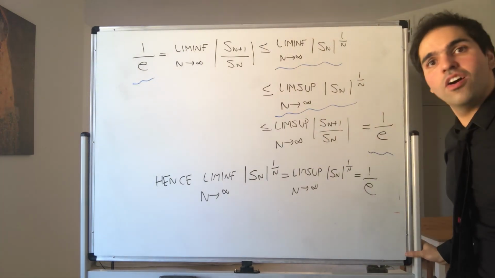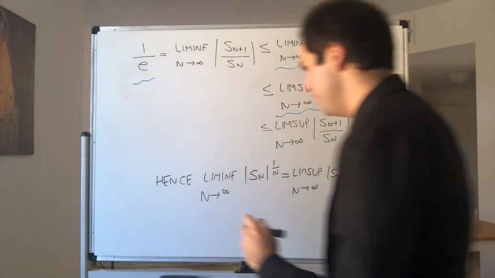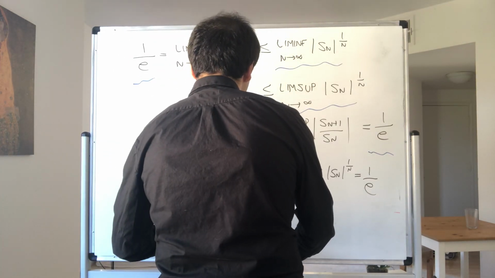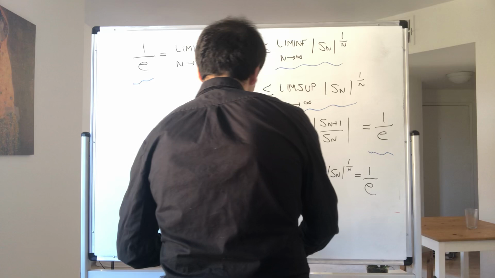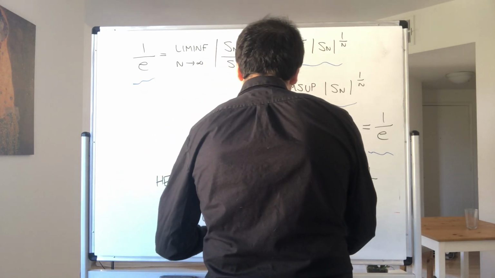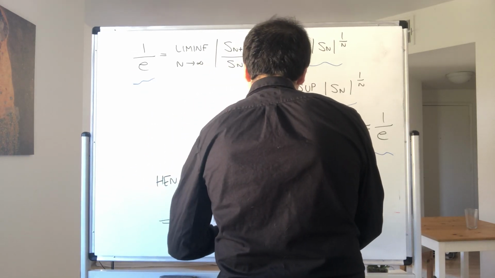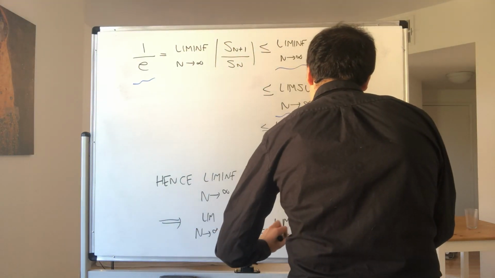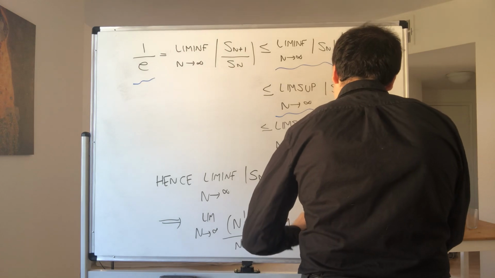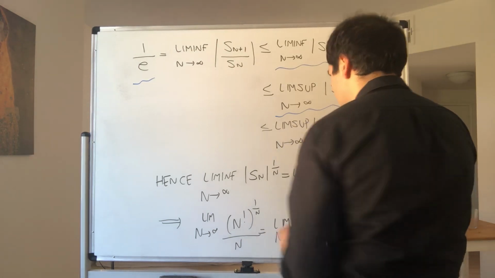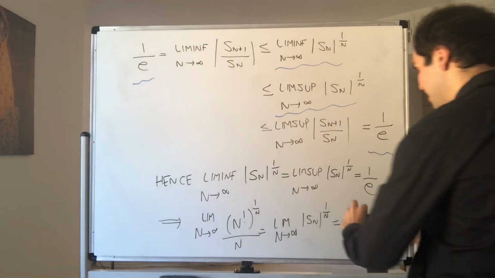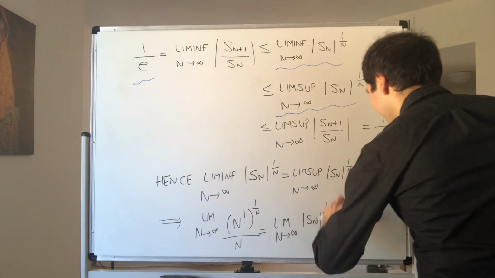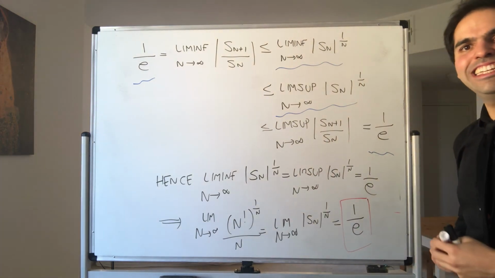But then by what I call the lim sup squeeze theorem, this actually forces the limit of this to be 1 over e. So the limit of n factorial to the 1 over n just becomes the limit of S_n to the 1 over n. Again, that's just by definition of S_n, and therefore this becomes 1 over e.